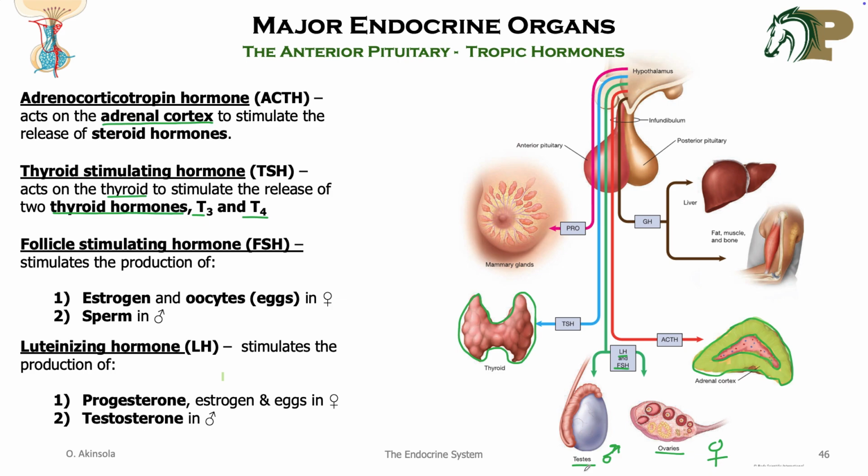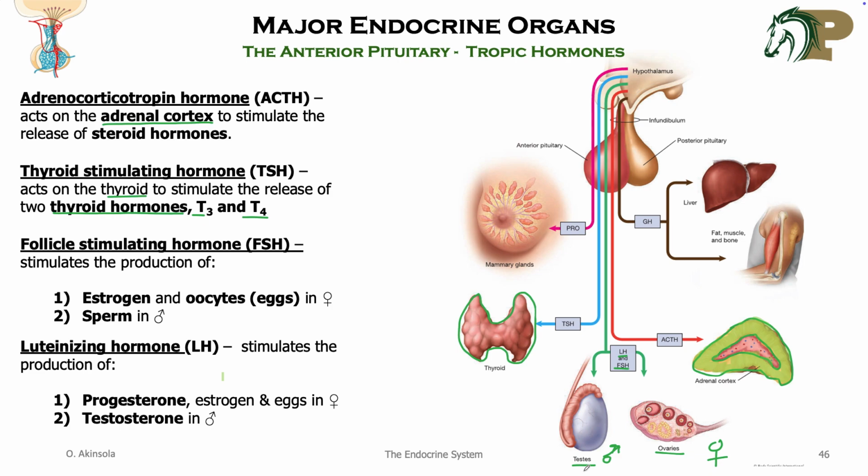And that's another thing I wanted to point out here, which is that LH and FSH will act in both males and females. So one hormone is not exclusive to one gender. Both genders make both, and both hormones act on both gonads. So these are our 4 tropic hormones.